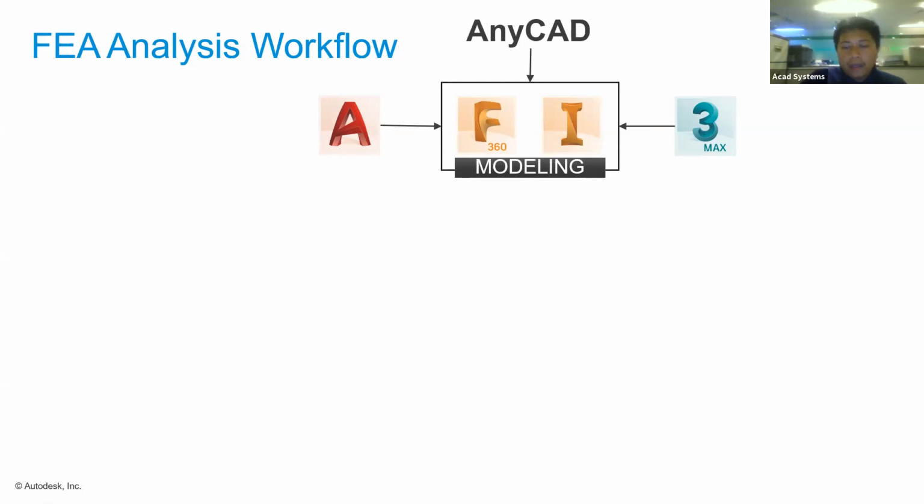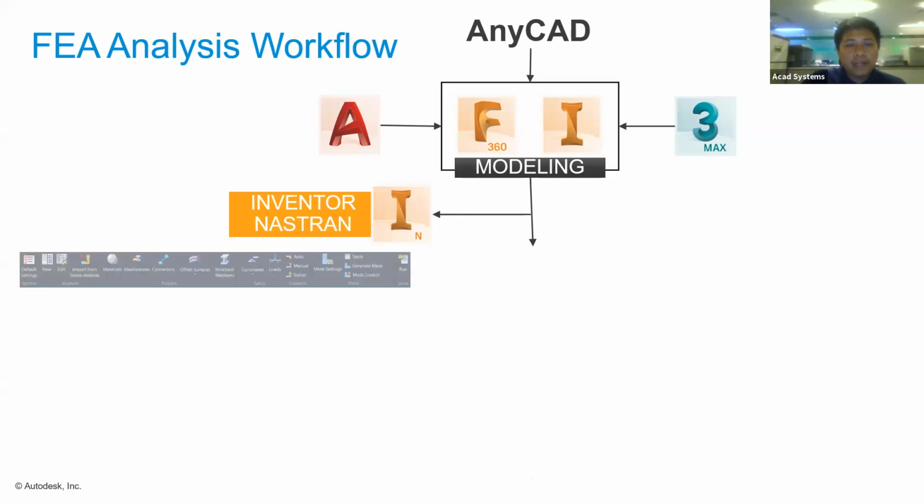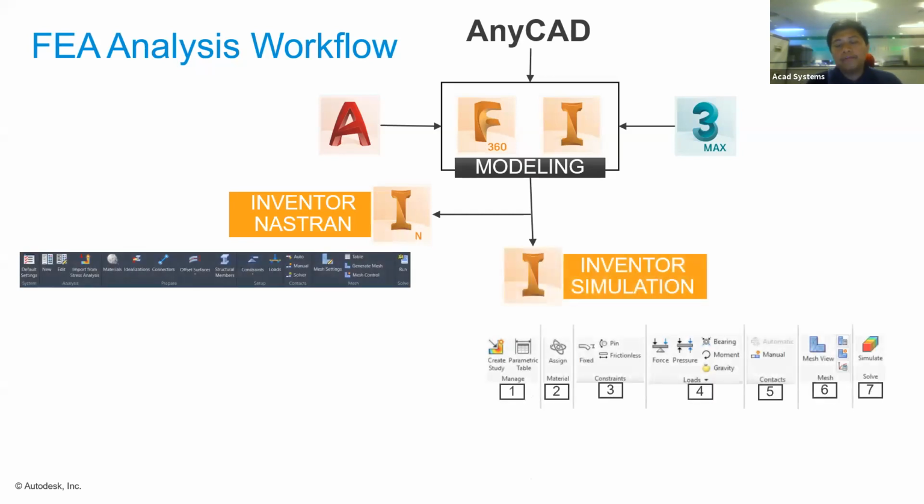Then for the finite element analysis workflow, you can use either Nastran or Inventor simulation, which is Inventor Stress Analysis, by default already inside the Inventor software. Or if you want to use Fusion 360 directly, use Fusion 360 Nastran there.